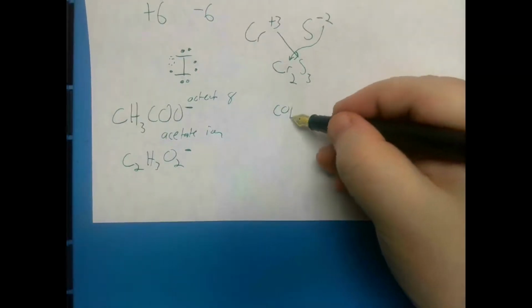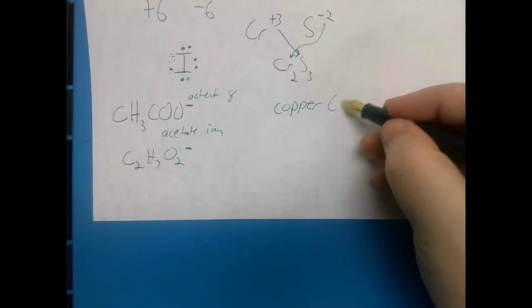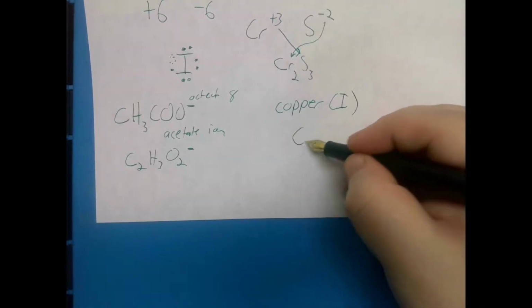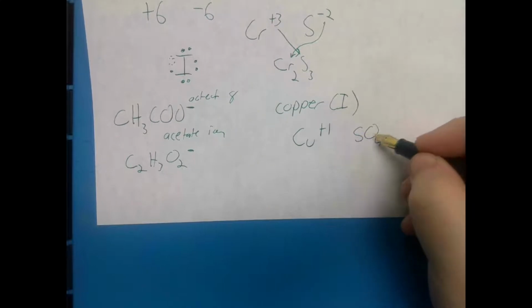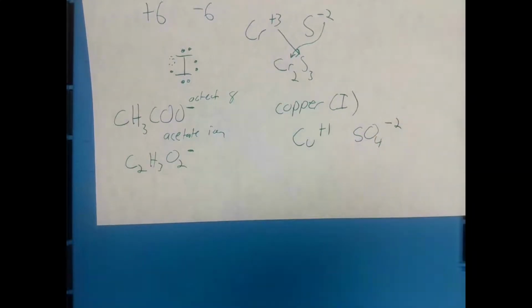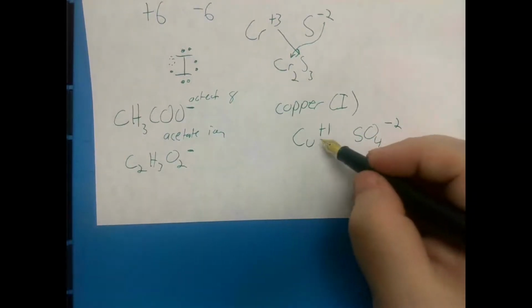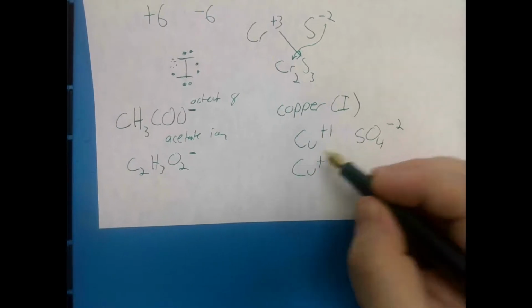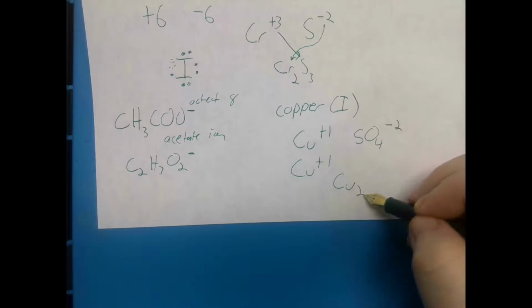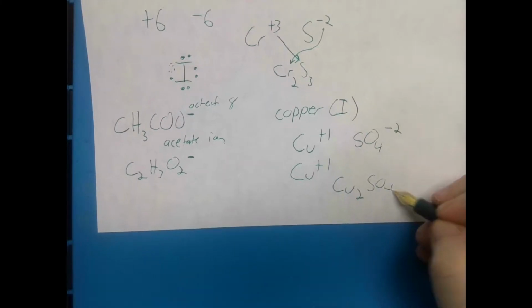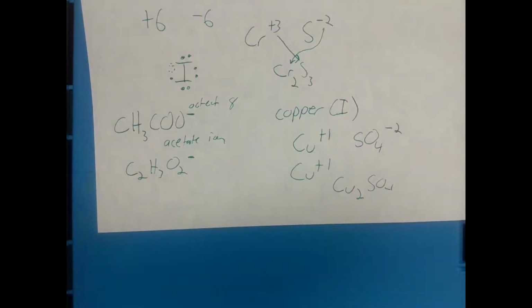Copper 1 tells you it's copper with a +1 charge. Since sulfate has -2 charges, I need to double the number of +1 charges to counteract it. So Cu2SO4. Make sense?